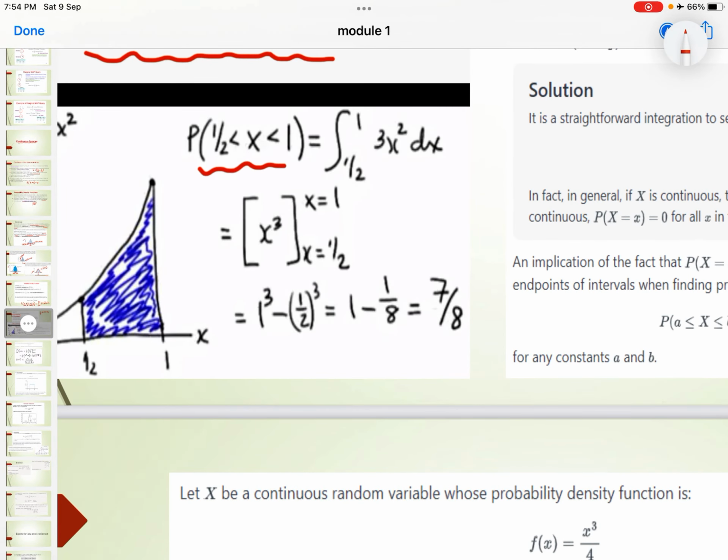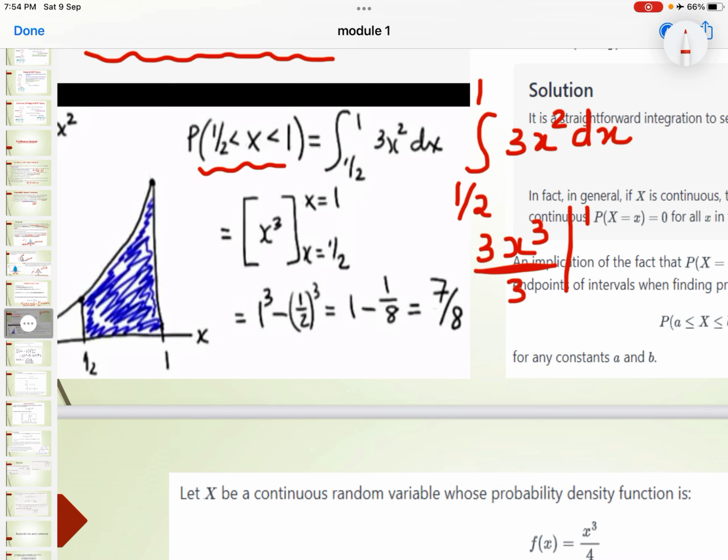See, probability is the integration with lower limit and upper limit of 3x square dx. So you get 3x cube by 3. 1 is the upper limit, lower limit is 1 by 2. 3 cancels, x cube between 1 by 2 and 1.